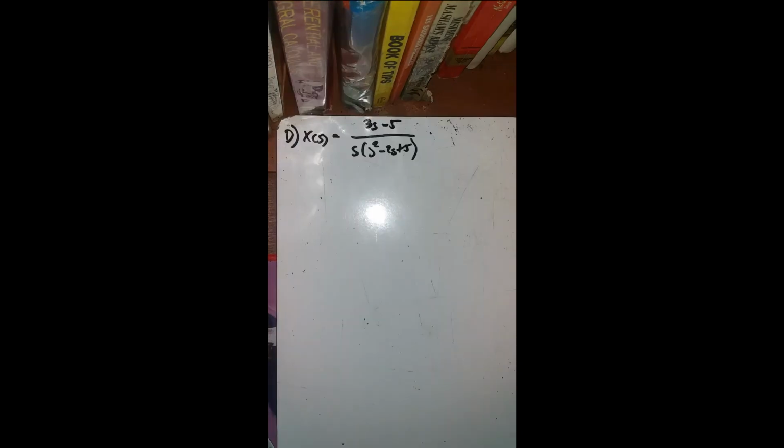This is our last letter. So we have 3s minus 5 all over s times s squared minus 2s plus 5. Now, first step is to simplify. Since there's nothing to simplify, let's continue on. So this is actually your quadratic function or quadratic factoring.